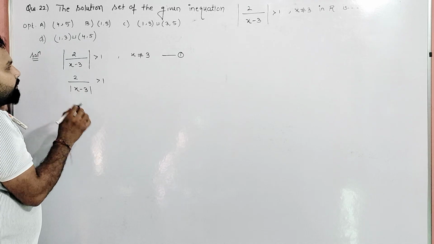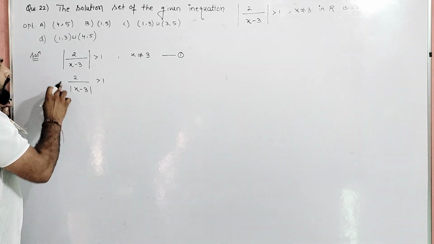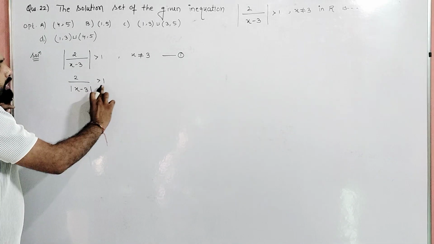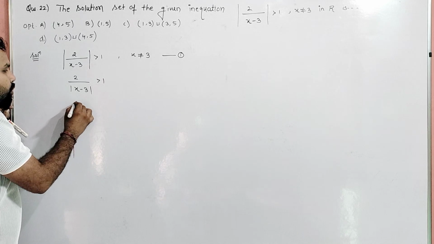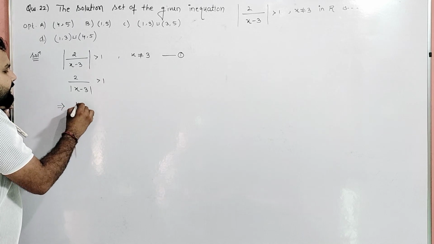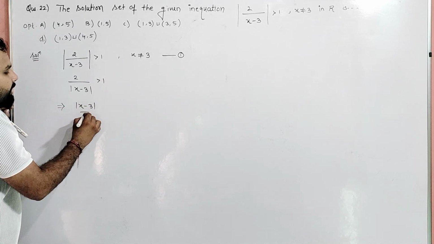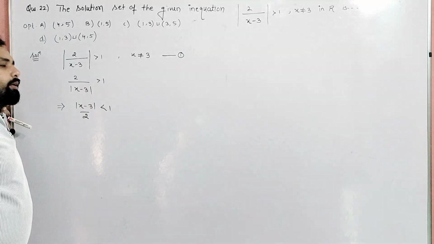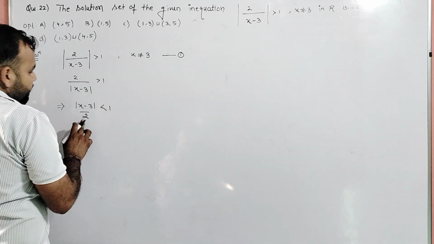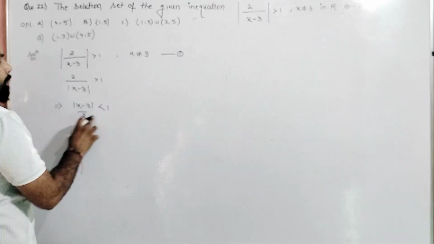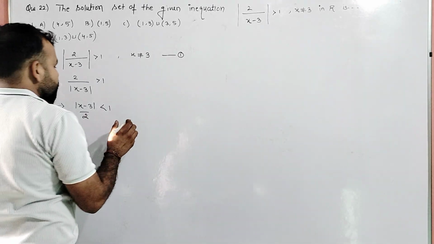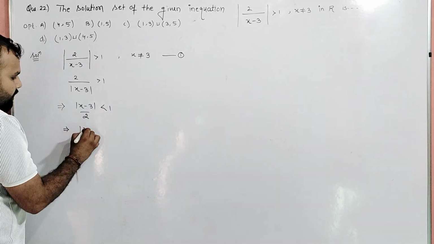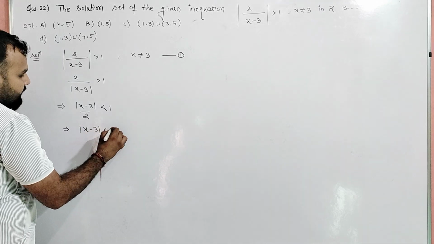And we know very well students, if we take reciprocals, then the inequality will change. So we take reciprocals, mod x minus 3 divided by 2, and the inequality changes from greater than to less than 1. Okay student, and 2 is a positive number, so by cross multiplying there is no change. So we can say that mod x minus 3 is less than 2.